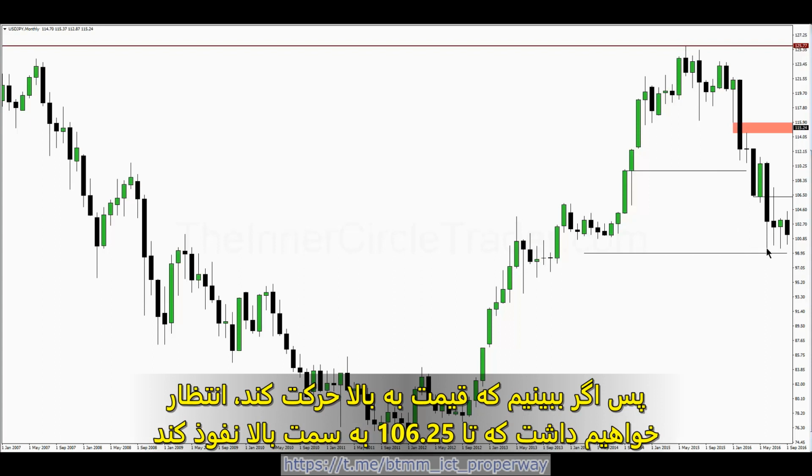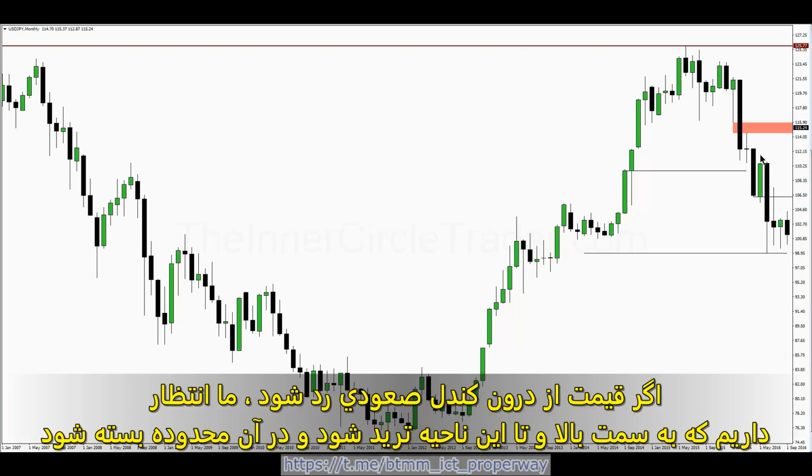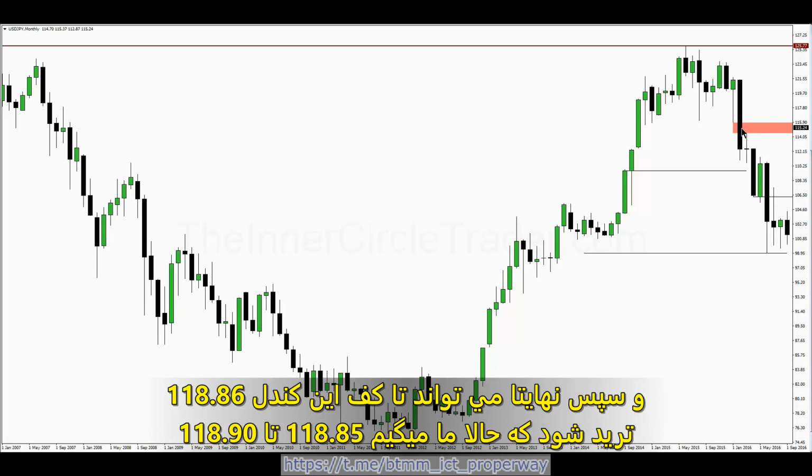So if we see price trade up, we would expect it to reach up into 106.25. If it gets through the up candle, we would be expecting it to trade up into this area here, closing that range. And then ultimately it could trade as high as this candle's low, 118.86, so we'll call it 118.85 to 118.90.